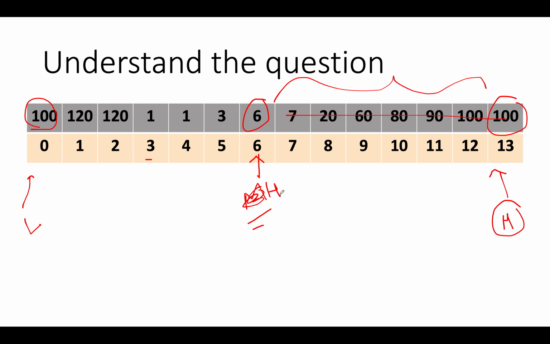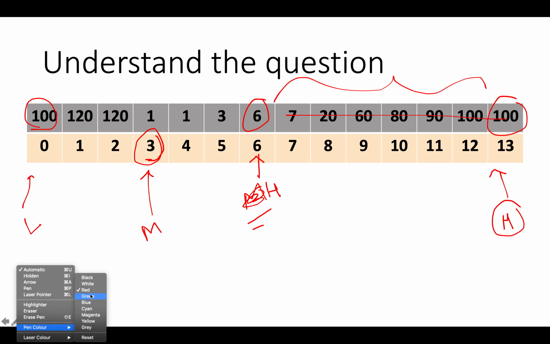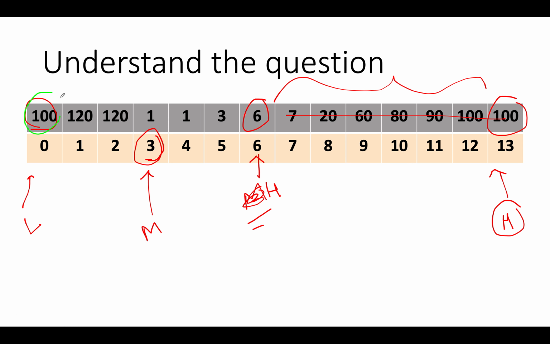Let's continue the process. Again, let's find the middle element. Low is 0, high is 6. The middle element would be 3. Let me mark the pointer and highlight the three elements. The low index is at 100, the middle one is at 1, and the high index is at 6.